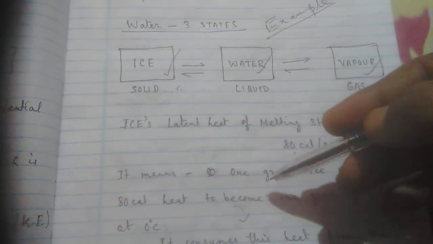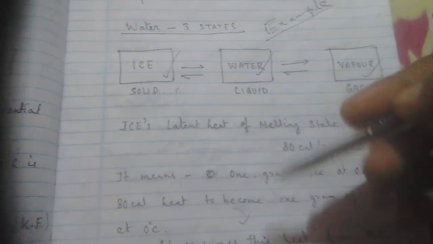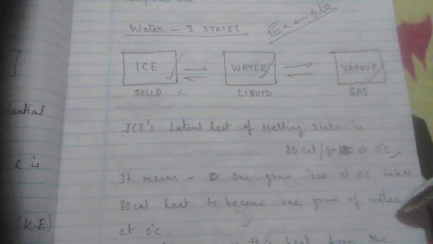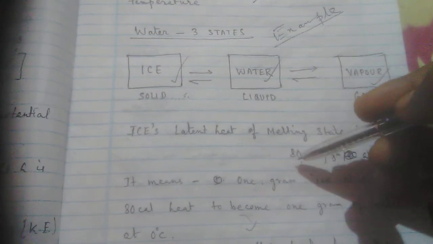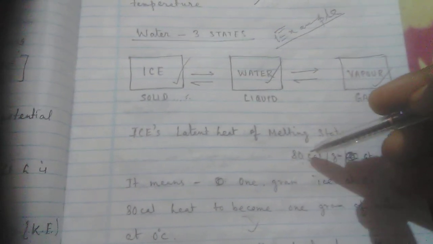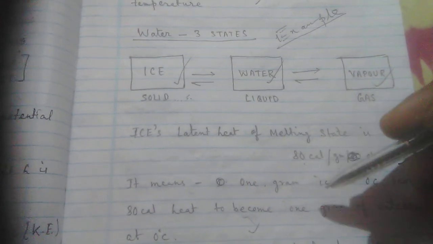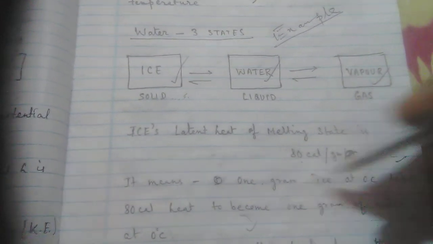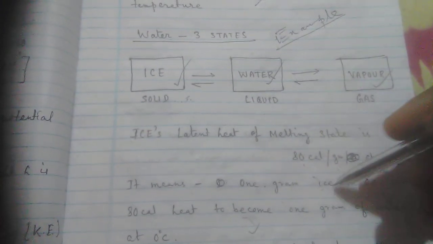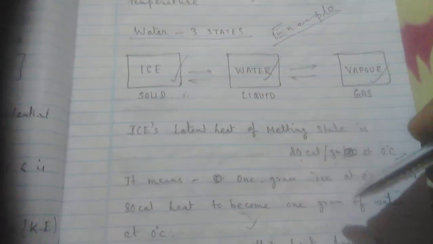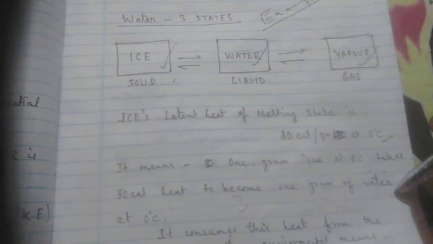If you have 5 grams of ice at 0 degree centigrade to change into water, what heat do you require? You need 80 multiplied by 5, which is 400 calorie. The temperature will remain the same, 0 degree centigrade, but the state changes from solid to liquid.